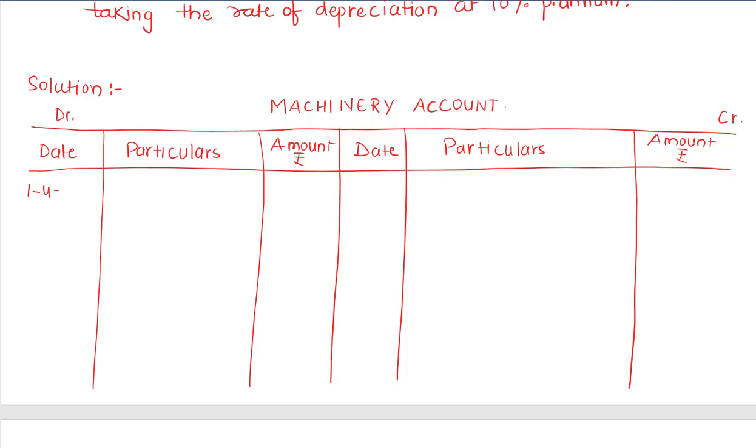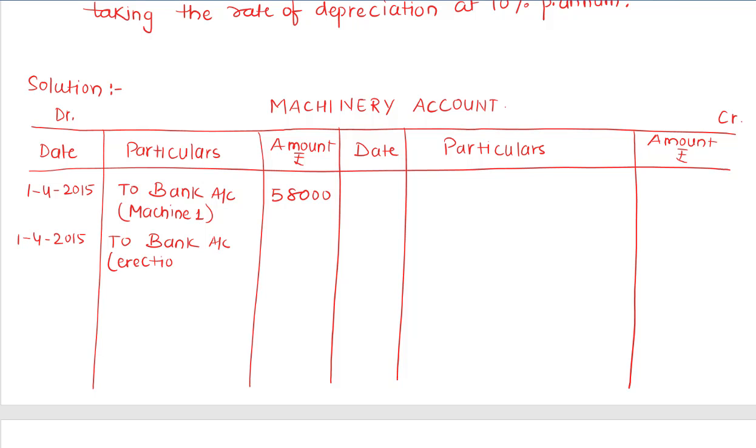First April 2015, machinery is purchased, machine 1, 58,000. 2,000 is charged for erection. So 1st April 2015, to bank account, erection charges 2,000.